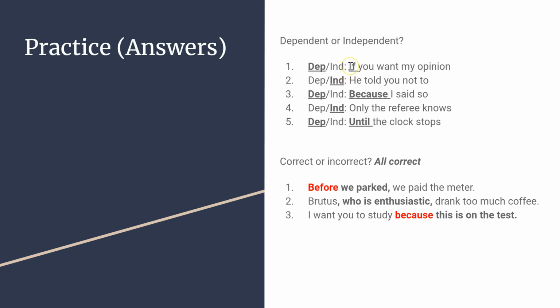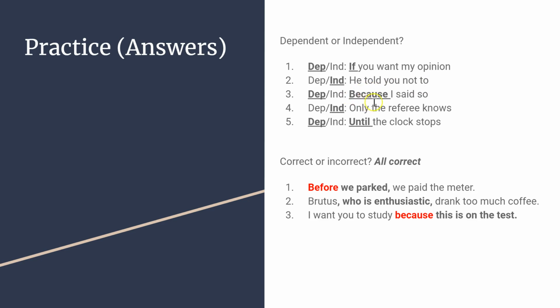So the clause, "if you want my opinion," that's dependent. An awubis word has bitten the clause, if, and now it's incomplete. "He told you not to" is fine. This clause is independent. It's a complete sentence. There's no awubis word or relative pronoun to ruin things.